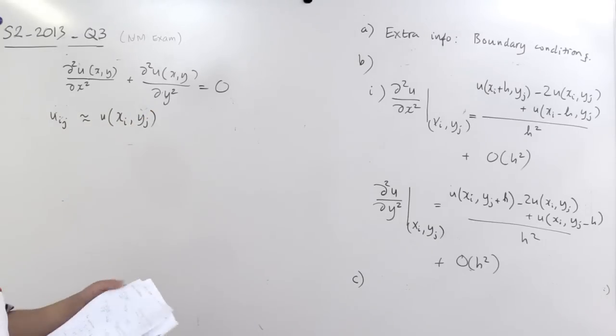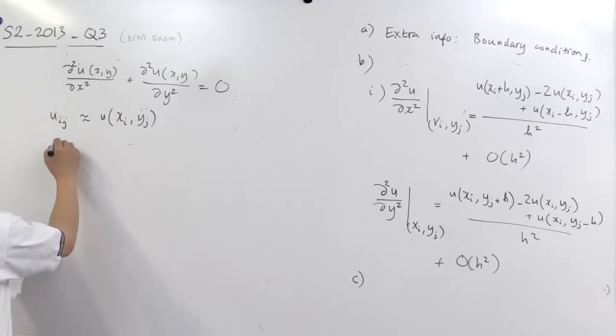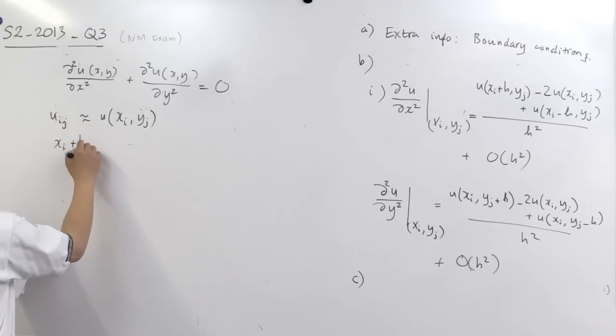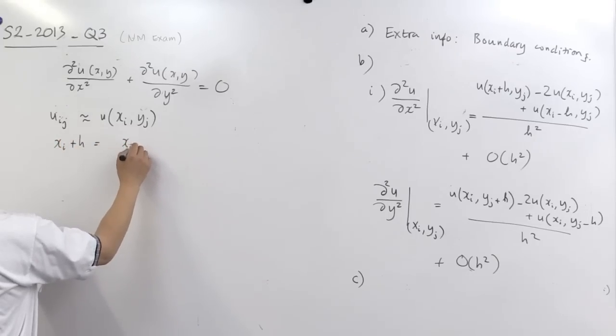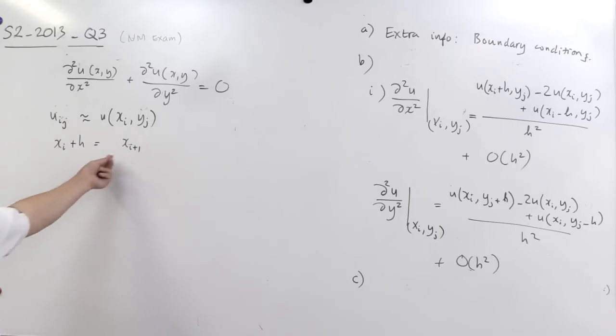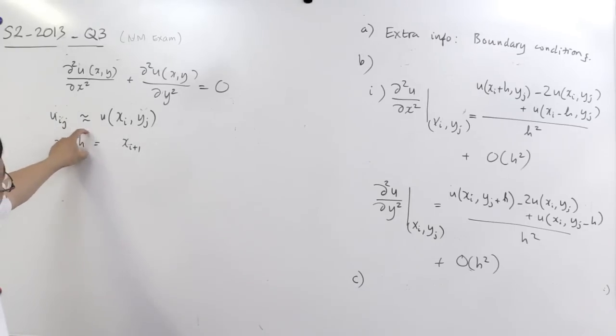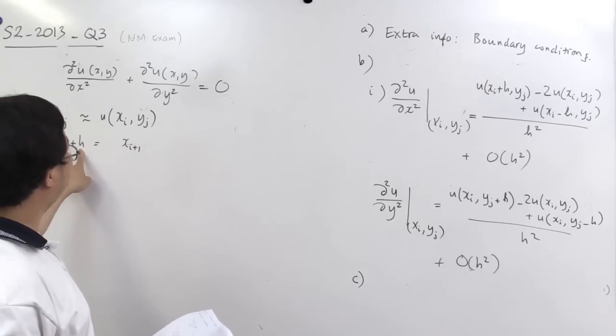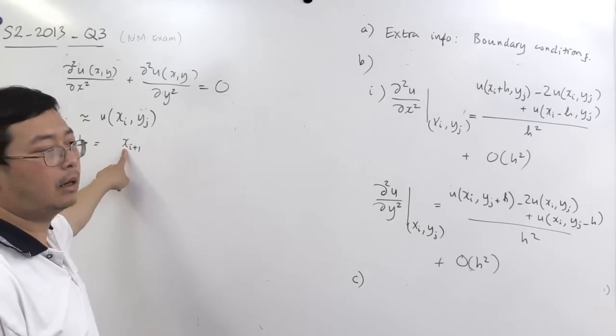And xi plus h is just xi plus 1, right? Because it's equally spaced, you just add the width of the interval and that gives you the next point.